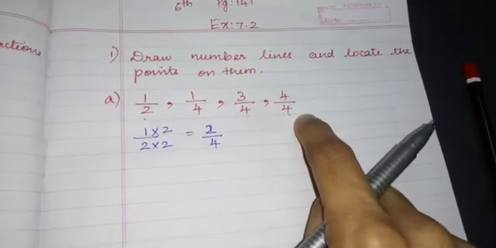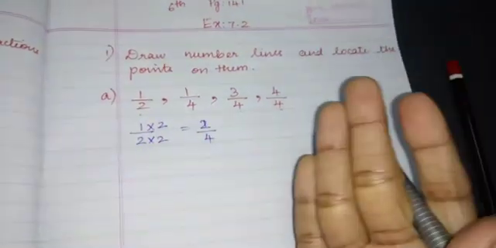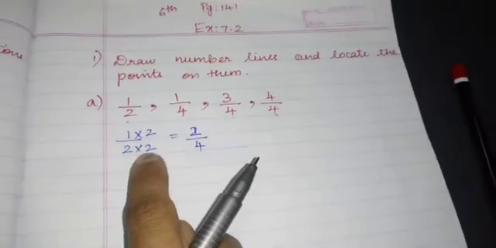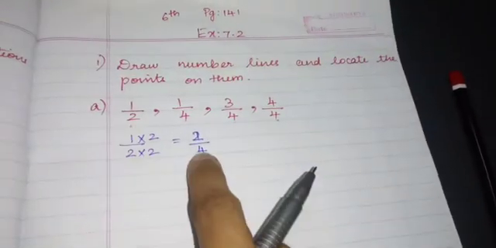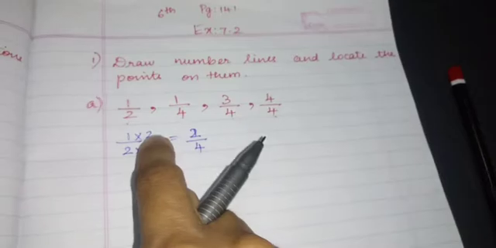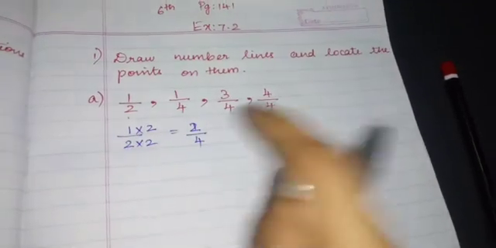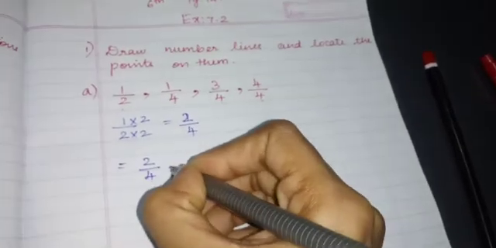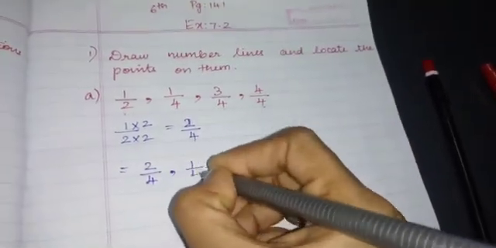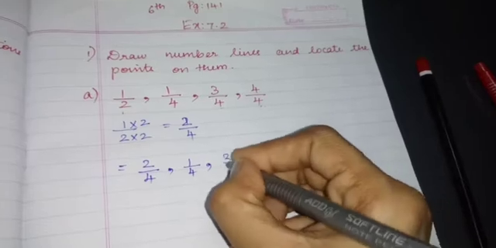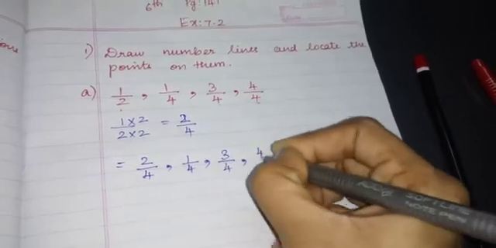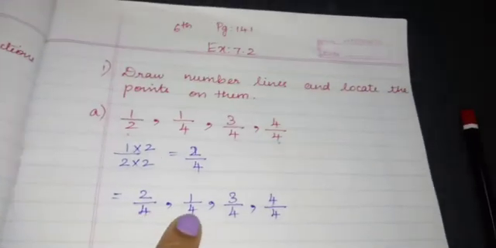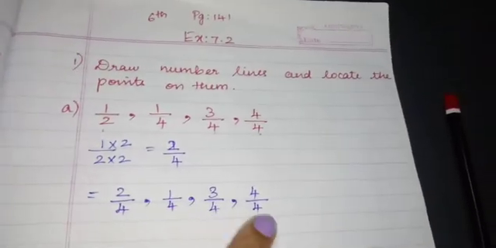So I want to make that 2 as 4 because I want every denominator the same. If you multiply 2 with this, it will become 4, so I am multiplying 2 with the numerator as well. 1 2s are 2. So instead of 1 by 2, I am writing 2 by 4. Then 1 by 4, then 3 by 4, then 4 by 4. See, 2 by 4, 1 by 4, 3 by 4, 4 by 4.